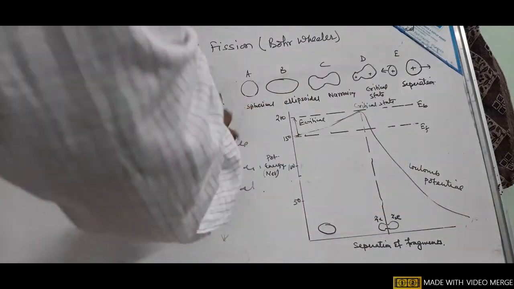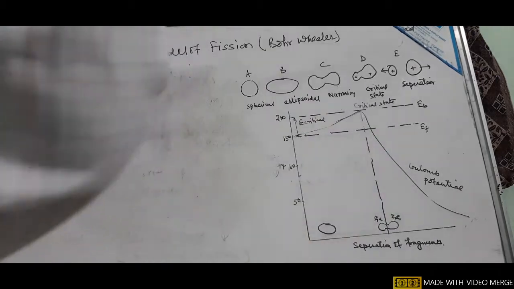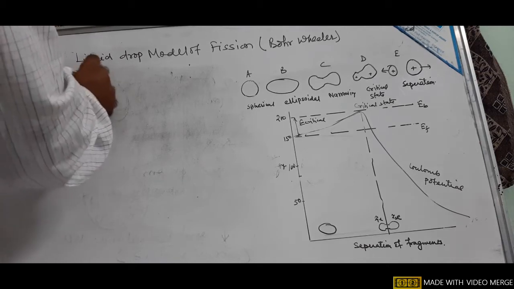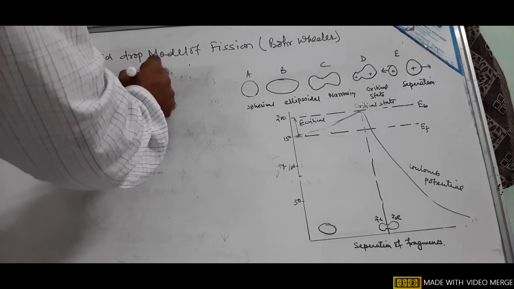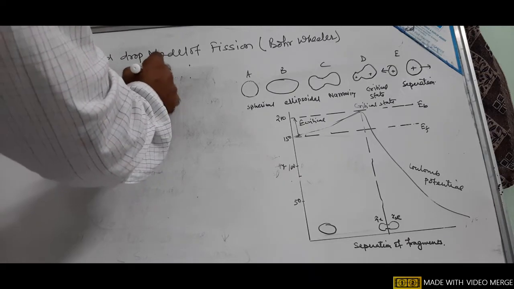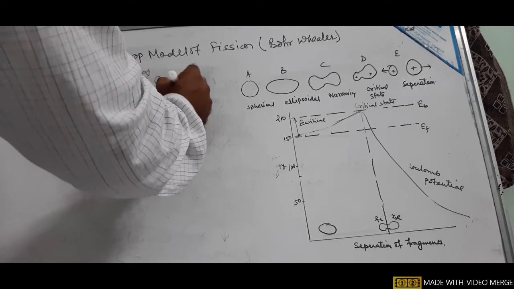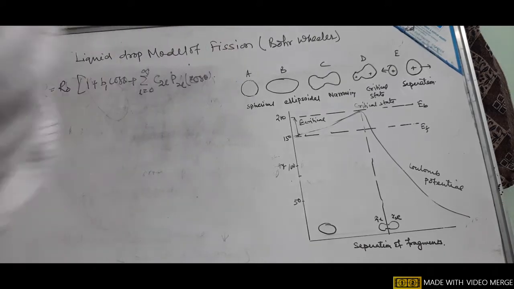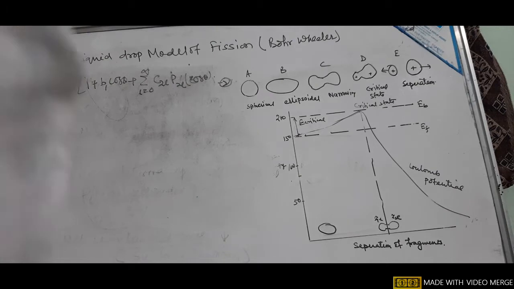So this can be written as r equal to r0 times 1 plus b1 cos theta plus the summation over L of b_L P_L cos theta. This is equation 2, and earlier that was equation 1.